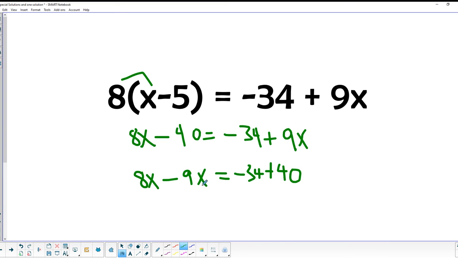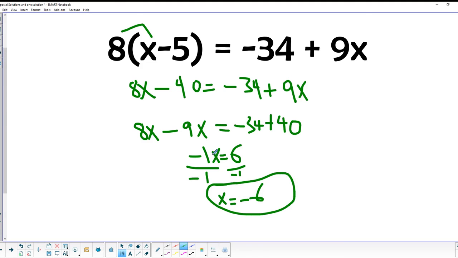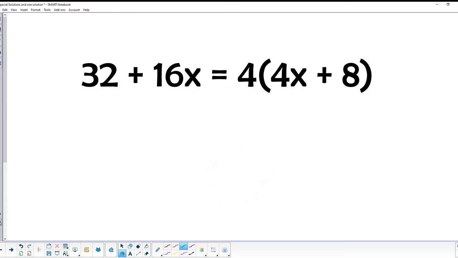And then 8x minus 9x is negative 1x. And negative 34 plus 40 is 6. So we divide both sides by negative 1. And we end up with x equals negative 6. So that's how you do a problem like that. So that had one solution, didn't it?